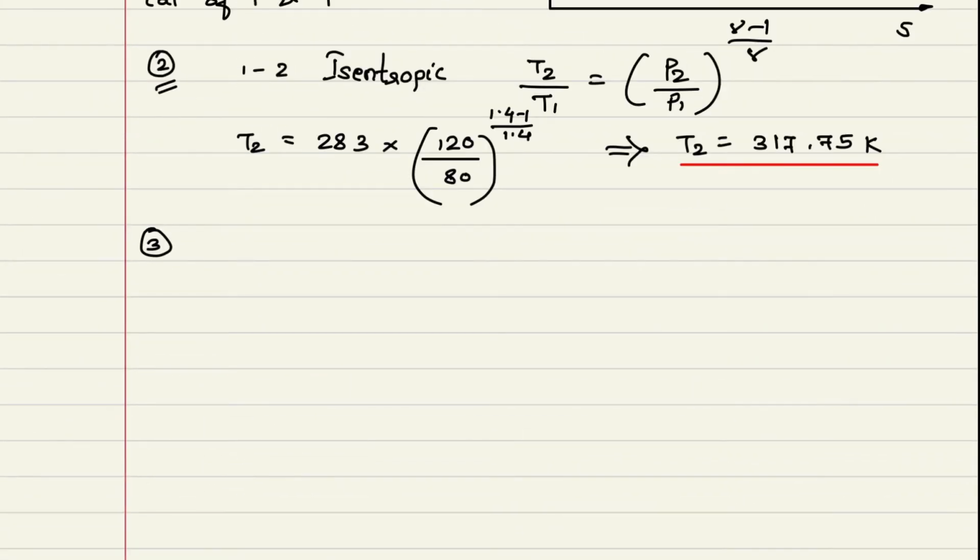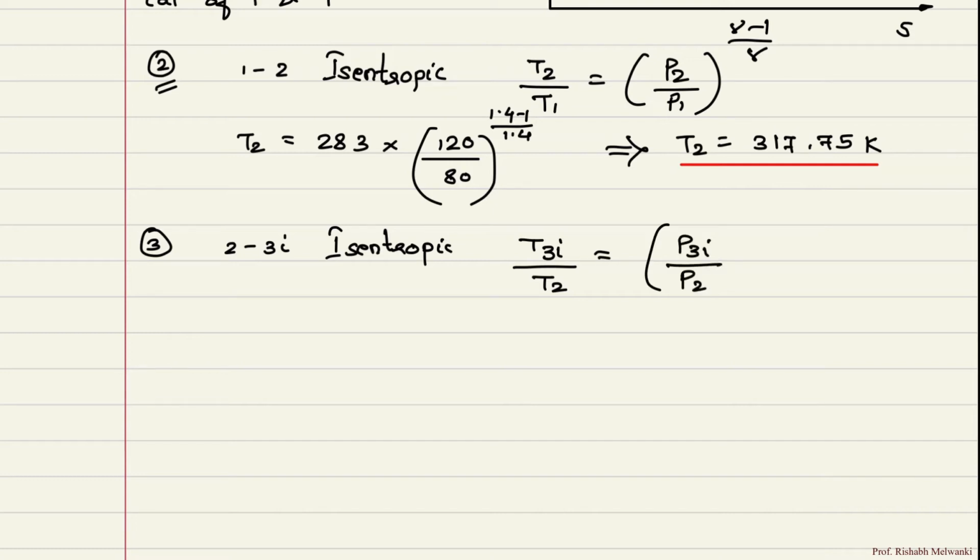So we have to consider 2 to 3i isentropic process. So we can write T3i upon T2 is equal to P3i upon P2 raised to gamma minus 1 upon gamma.